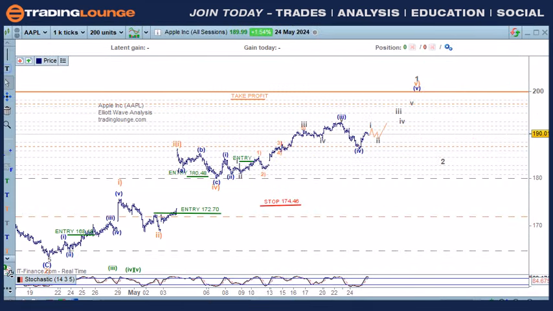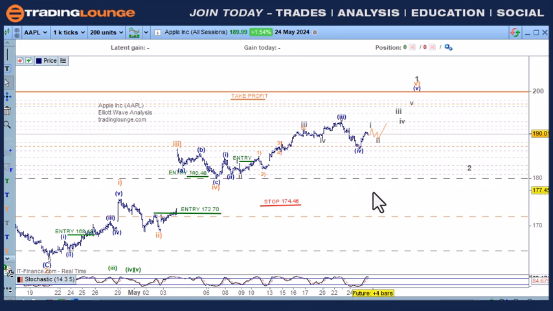So this will be this grey wave 1 up here. It's going to take a little while to get used to, and it's going to take all the analysts a little while to get used to as well. But at the end of the day, color coding everything so we're all on the same page, and also getting all the degrees of structure correct, is going to be beneficial for anyone viewing the charts.